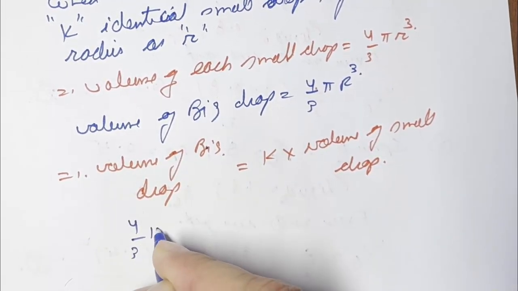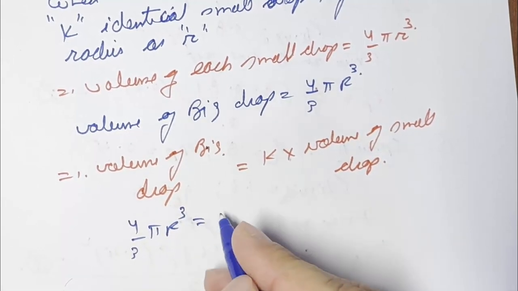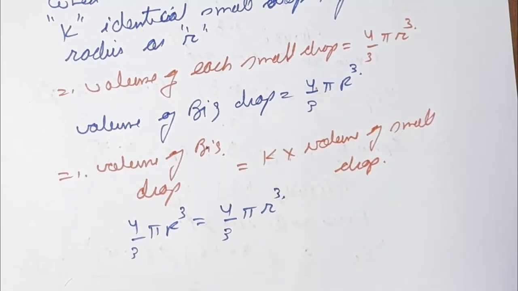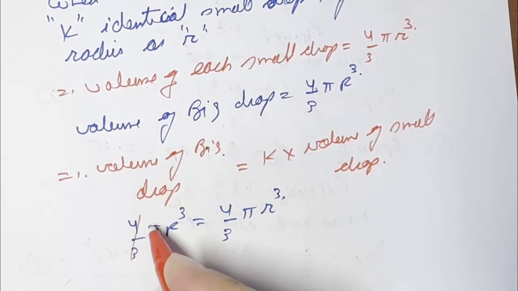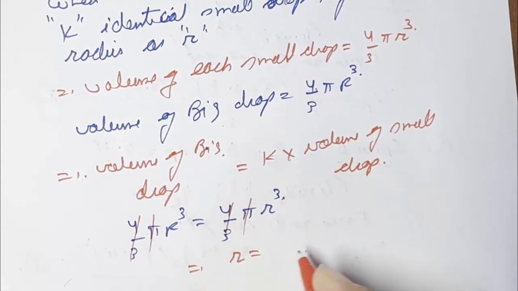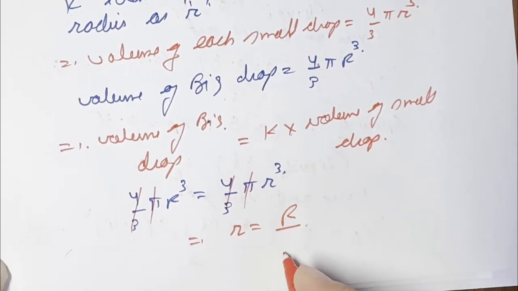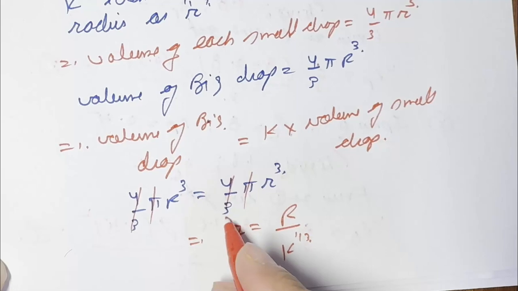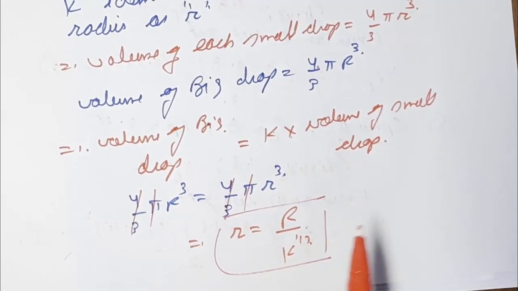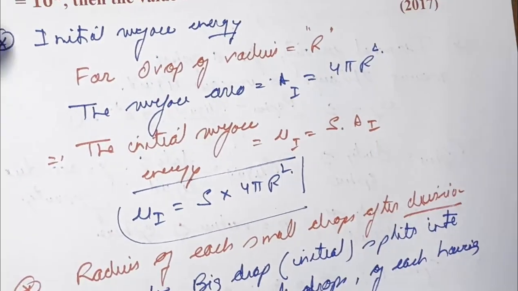We have 4 by 3 pi R cube is equal to k times 4 by 3 pi r cube. 4 by 3 pi goes away, so we get small r is equal to capital R divided by k to the power 1 by 3. So this is the relationship between the radius of the small drop and the radius of the big drop.